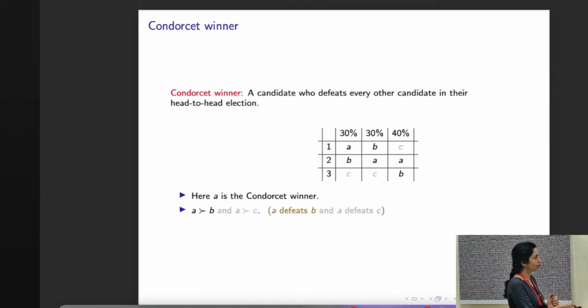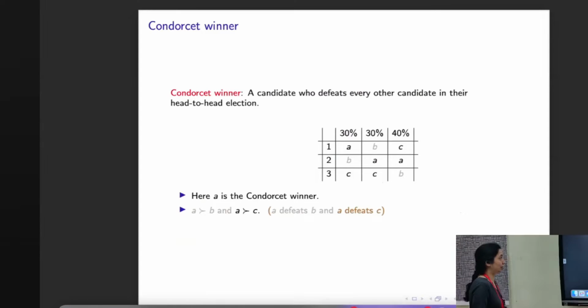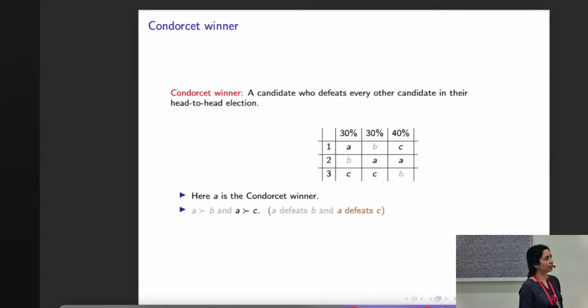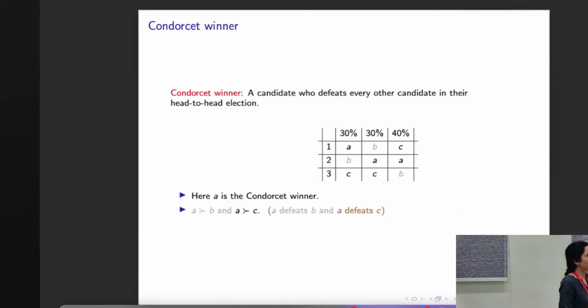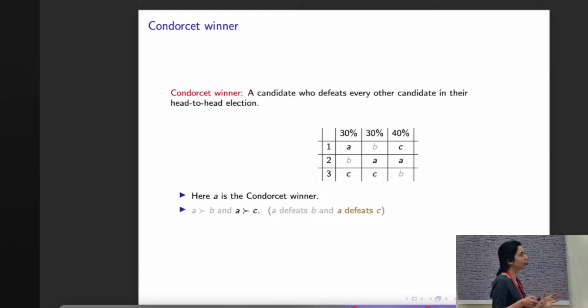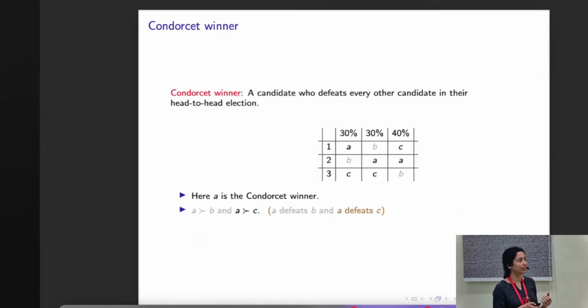Let's hold elections between A and C. Similarly, A wins the election against C. Such a candidate is called the Condorcet winner. So Condorcet winner is a very strong notion. It's not just saying let everybody cast a vote for whoever is their top choice. It says let's hold head-to-head elections between every pair of candidates, and if there exists a candidate who defeats every other candidate in this head-to-head election, such a person is called a Condorcet winner.